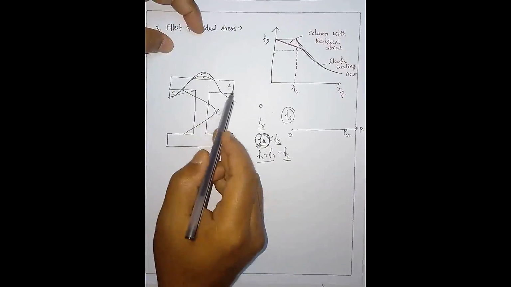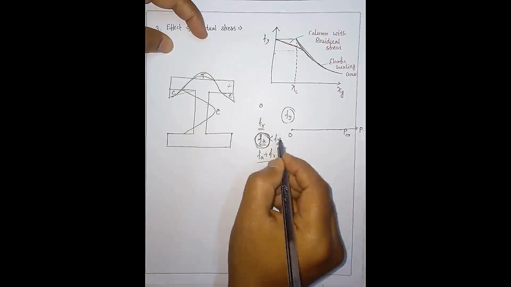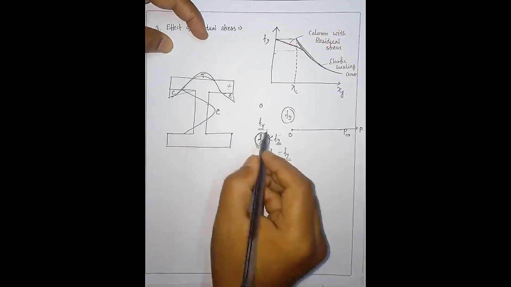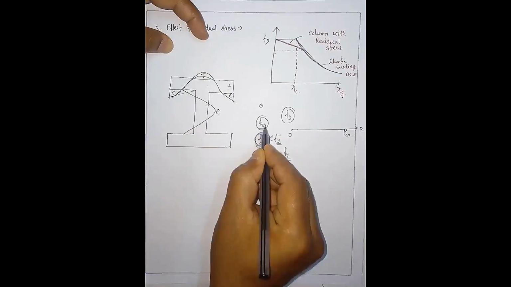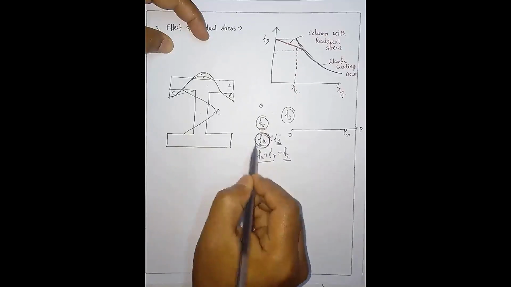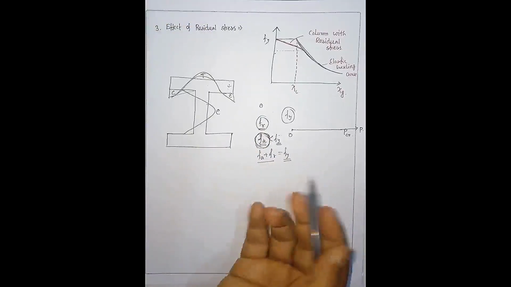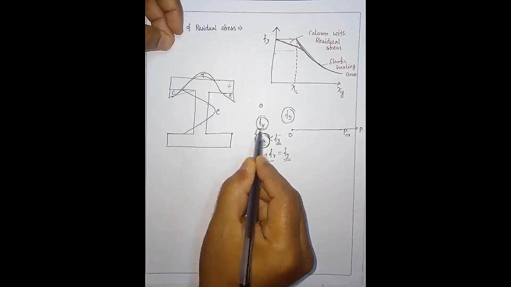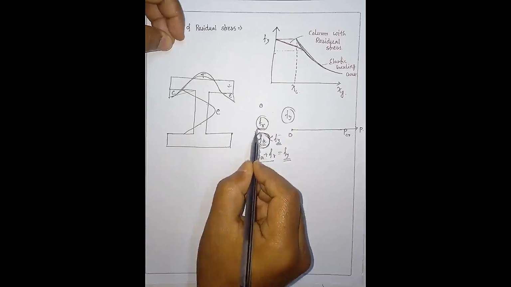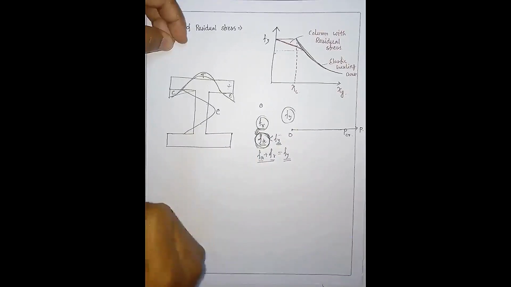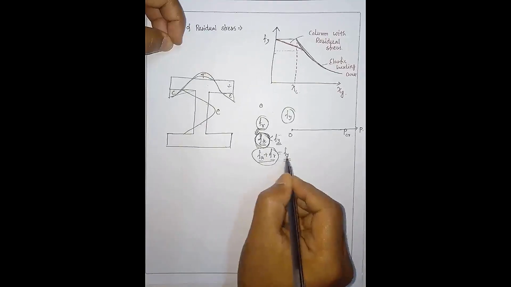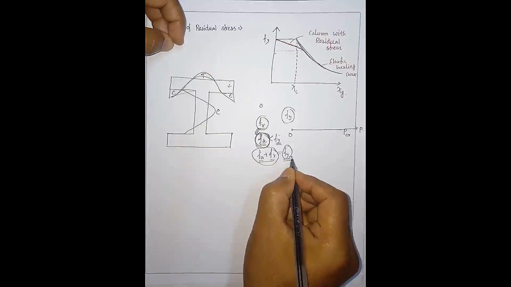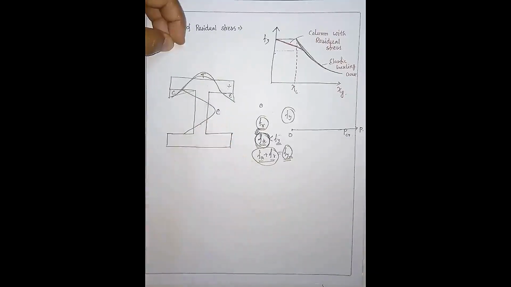It was supposed to fail at a stress of fy, but as these parts are already stressed by this fr amount of residual stress, when we apply this extra fa, then fa plus fr becomes equal to fy, and these parts will fail.